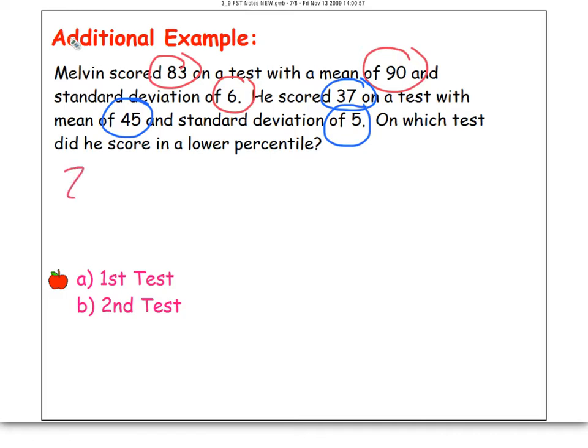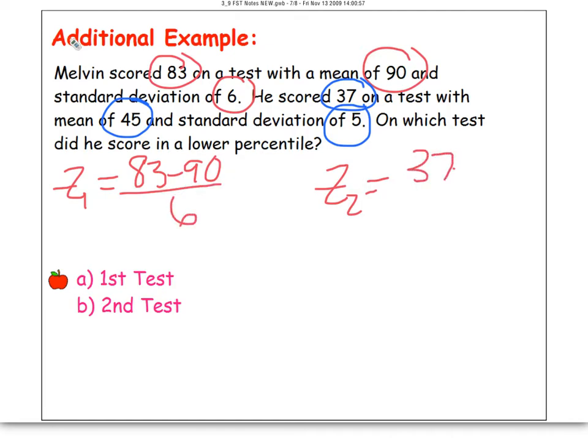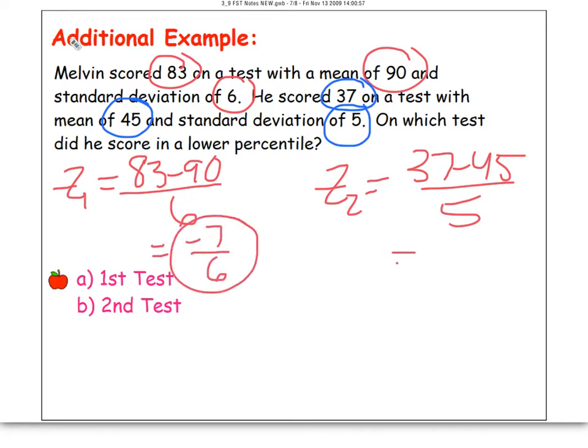So let's do a z-score of his first test, and then we'll do the z-score of his second test. So we have an 83 minus 90 over 6, then a 37 minus 45 over 5. Simplifying these, we're going to get negative 7 over 6, and we're going to get negative 8 over 5.